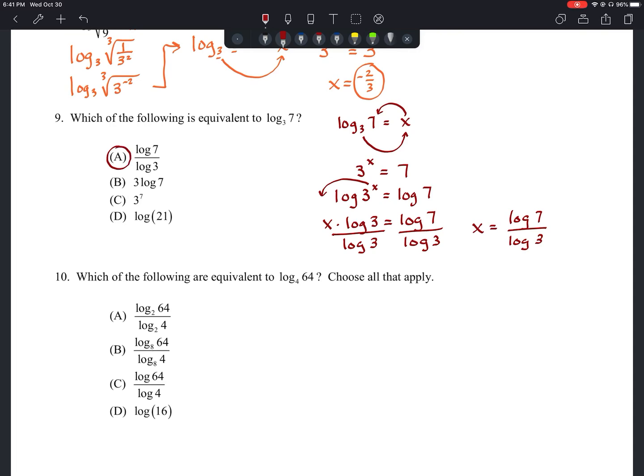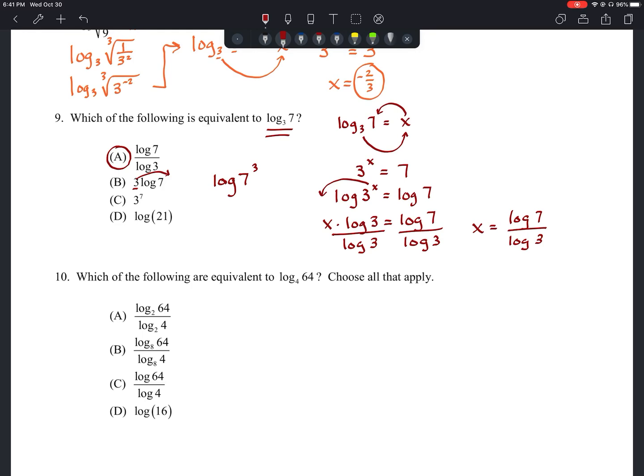Now, when we look at B, let's work backwards here. Somehow, this 3, if we moved it back up here as an exponent, we'd have log of 7 to the 3rd power, which is way different than what we're looking at over here. So that is not going to be it. 3 to the 7th, I think it's common sense that that's not going to be it.